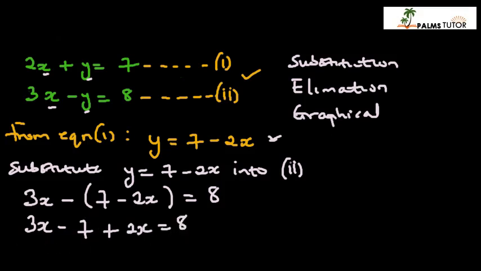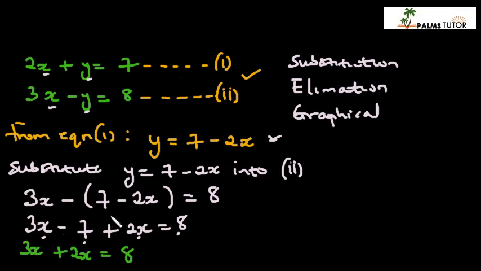Now what we do again is to collect our like terms. Collecting like terms means you bring the ones that are similar together. We have an x term here, we have another x term here, and this is just a constant and this is just a constant. So we have to bring them together. So I have 3x plus 2x equals 8.